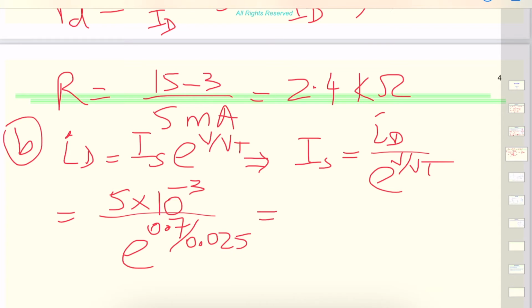So that gives us the current as 10 raised to power minus 16 amp. All right, so that's the IS.